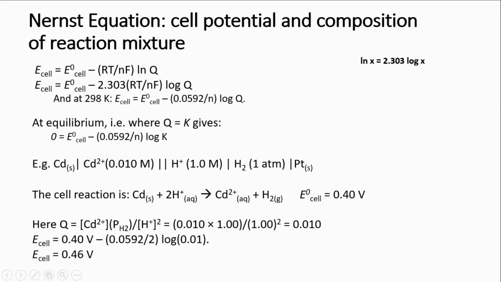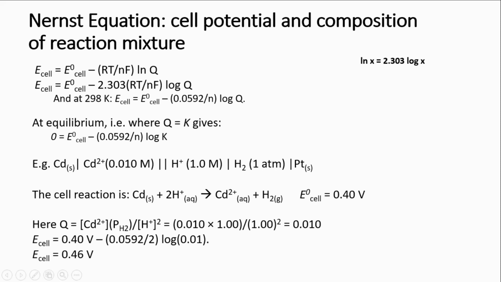We have E cell is equal to the standard cell potential minus 2.303 RT over NF log Q. Now, if the temperature is 298 Kelvin, then RT divided by F times 2.303 gives us a value of 0.0592 over N, where N is the number of electrons, times log Q.